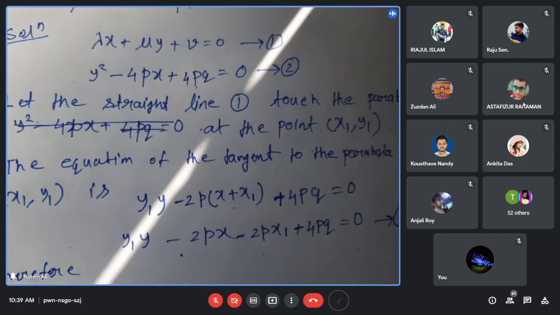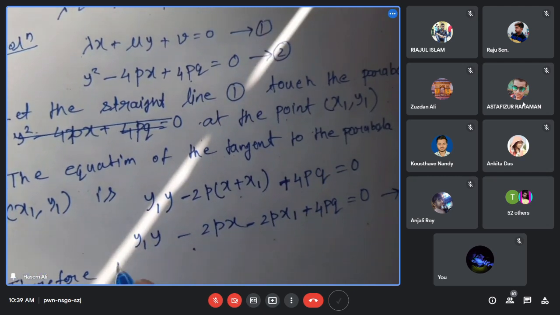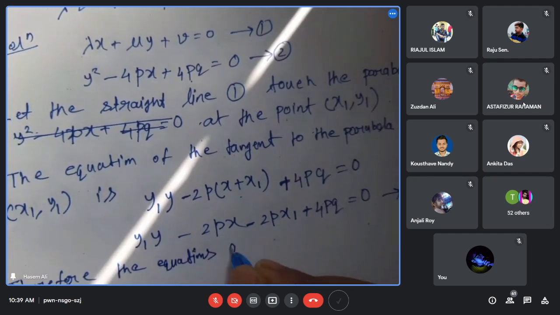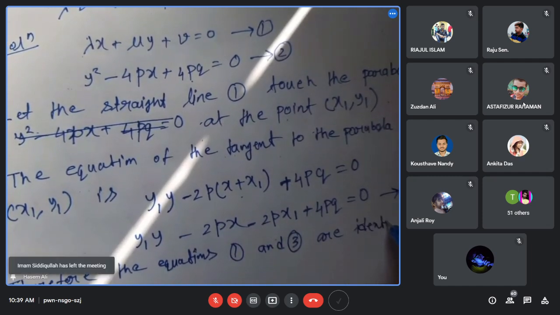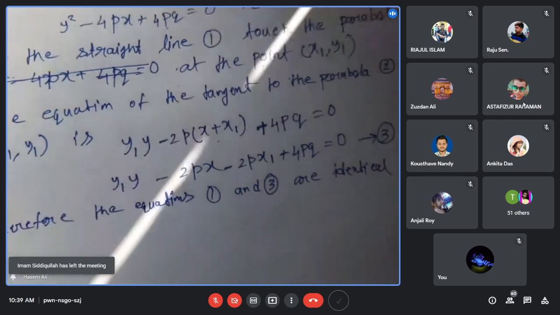So equation 3 and equation 1 are identical, because there will be at most one tangent at a particular point. The equations 1 and 3 are identical.